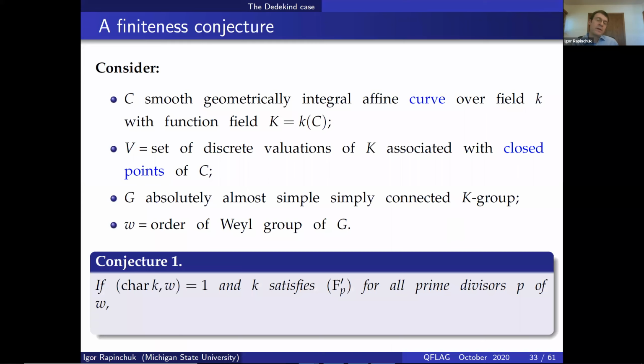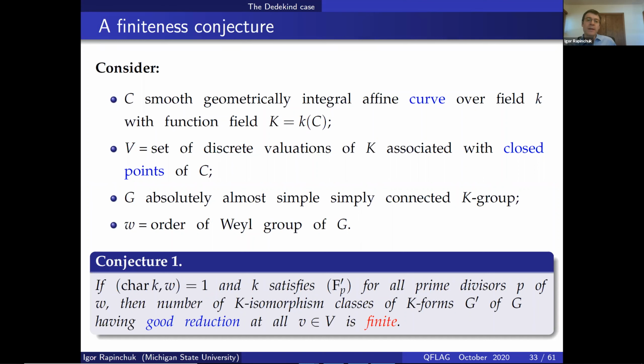Then what our recent results seem to suggest is that if the characteristic of our field is relatively prime to the order of the Weil group, and moreover our field satisfies condition F'_p for all prime divisors of W, then the number of K-isomorphism classes of K-forms G' of G which have good reduction at all v in V is finite. Okay, so under some assumptions, we expect that we only have finitely many forms with good reduction. So that's the Dedekind case.